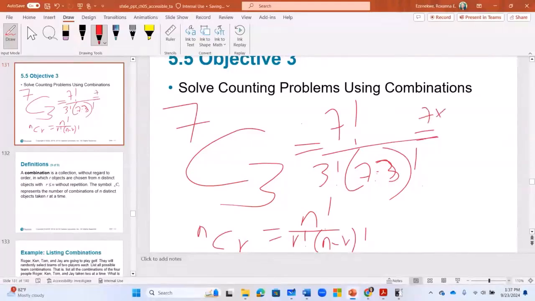7 times 8 times 6, 5, 4, 3, 2, 1. And then I'm going to do 3 factorial, which is 3 times 2 times 1. 7 minus 3 is 4, times 4 times 3 times 2 times 1.